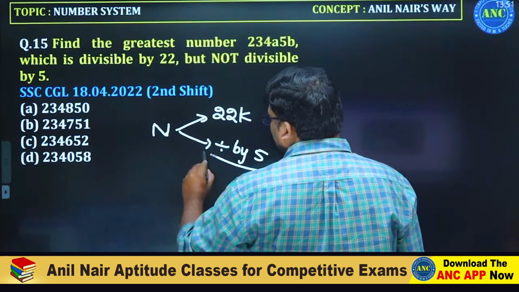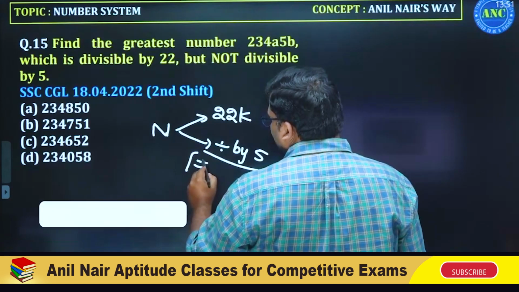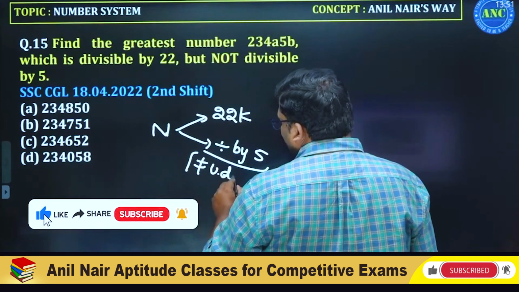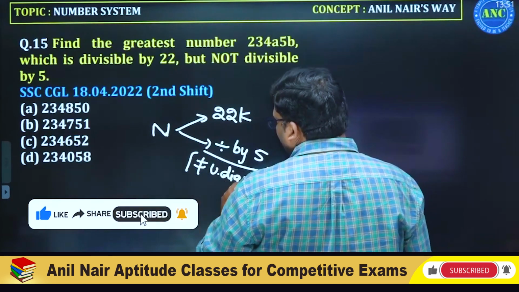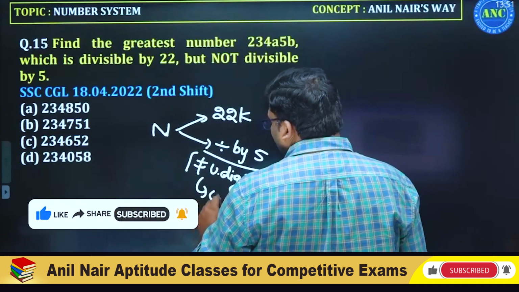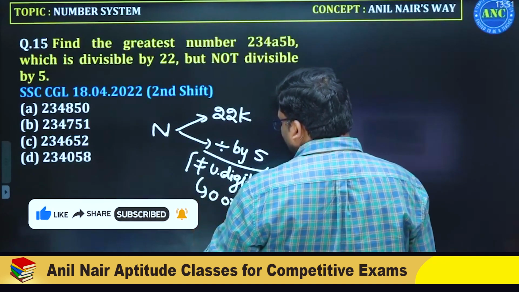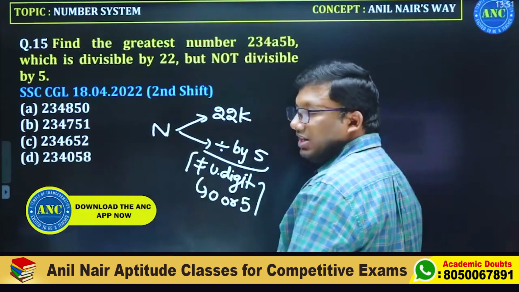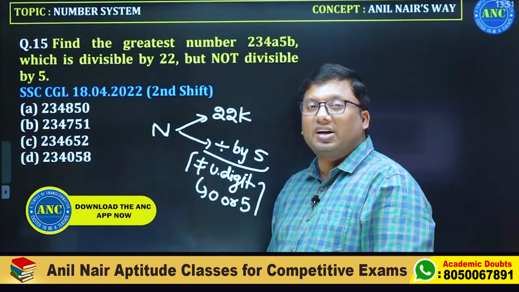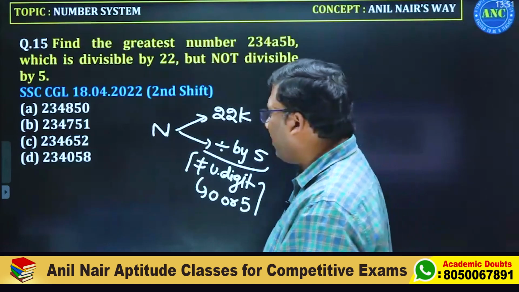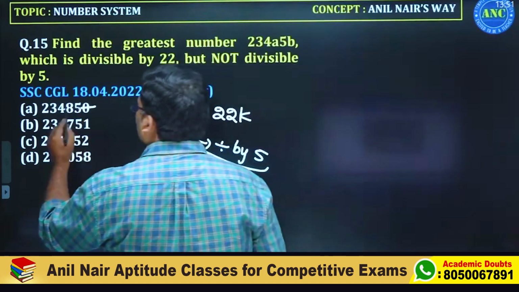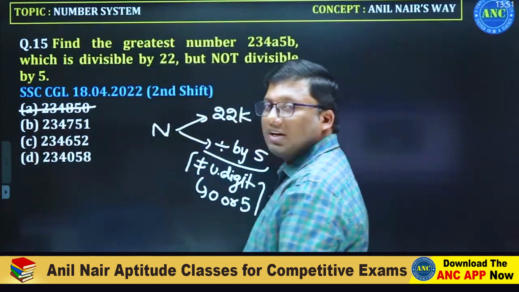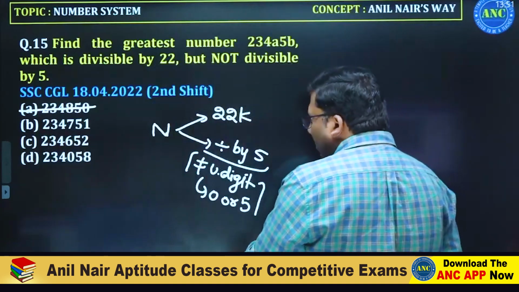When I say it is not divisible by 5, that means the unit digit cannot be 0 or 5. Wherever the unit digit is 0, the number is divisible by 5. So the first option is eliminated.